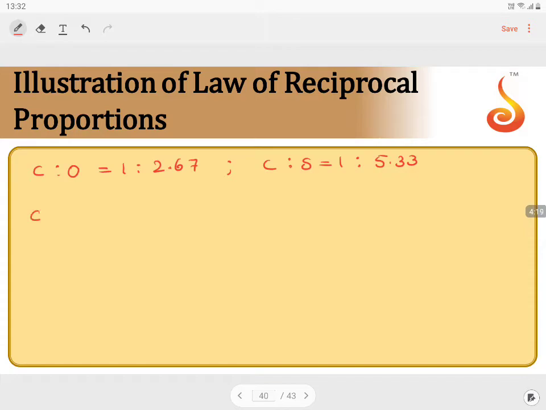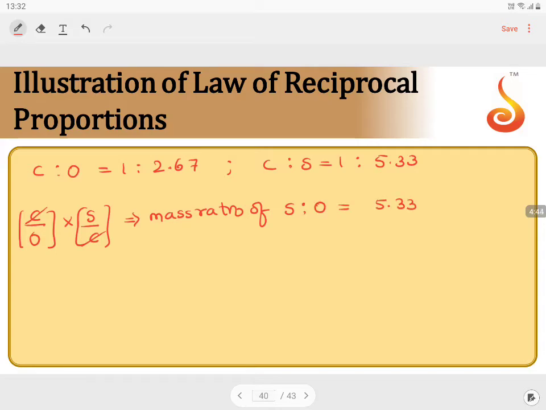Now if you take the ratio of sulfur by carbon into carbon by oxygen, carbon and carbon cancel, so you get the mass ratio of sulfur and oxygen. Sulfur is to oxygen will be 5.33 by 2.67, approximately 2:1 ratio.